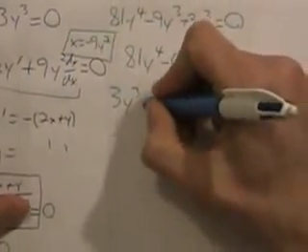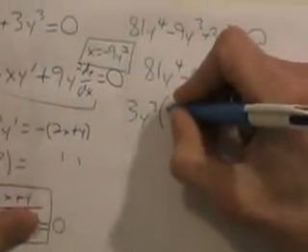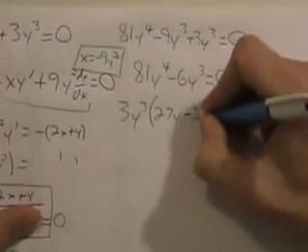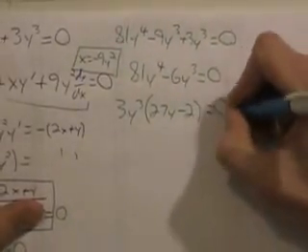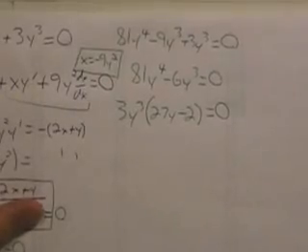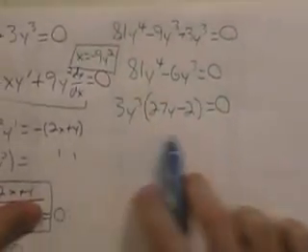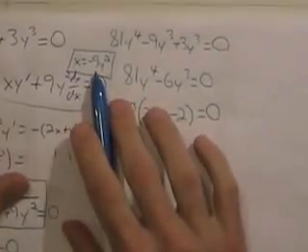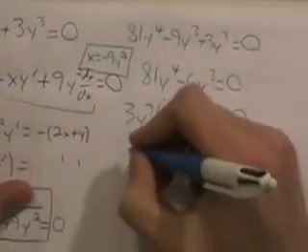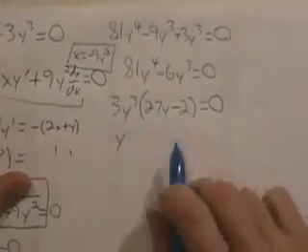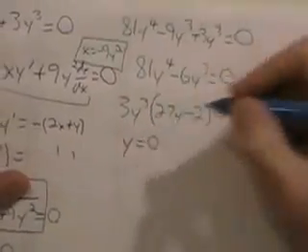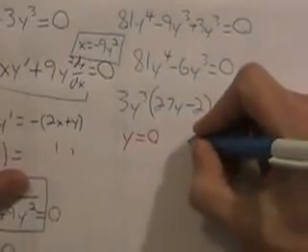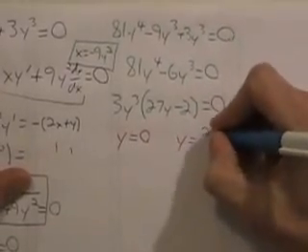We'll have 27y minus 2 equals 0. So in order for the condition to be satisfied, it must be the case that either y is 0, or you set this equal to 0 and you get y equals 2/27.